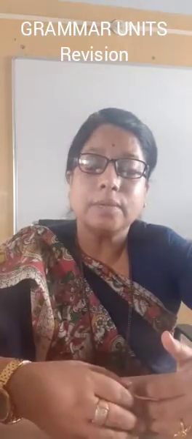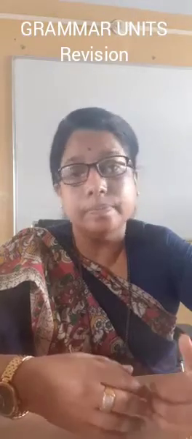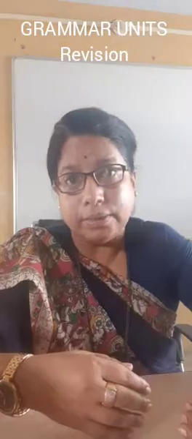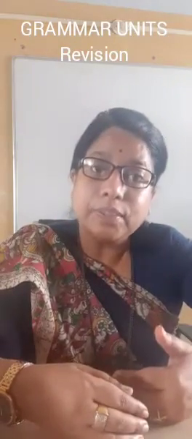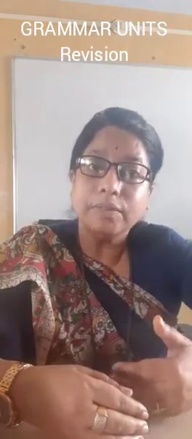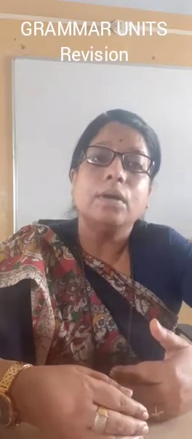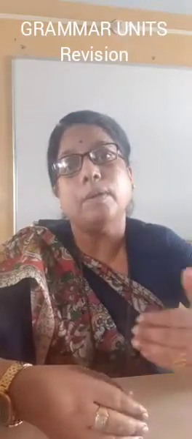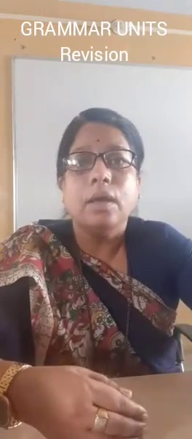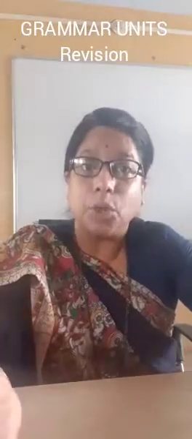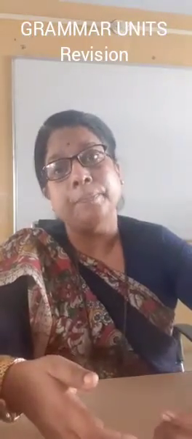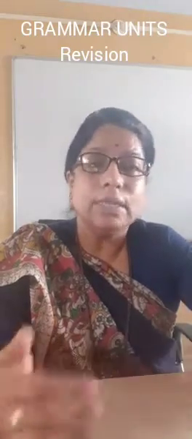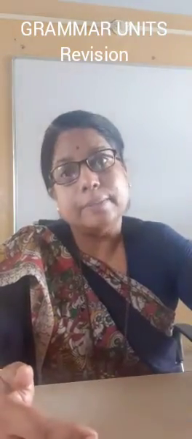So here I is the subject, am is the verb, and in my college is the adverbial, right? So the part of the clause that gives information about manner, place, time, condition, reason. It has many functions, many jobs to do. This element is known as the adverbial element. So these are the clause elements.